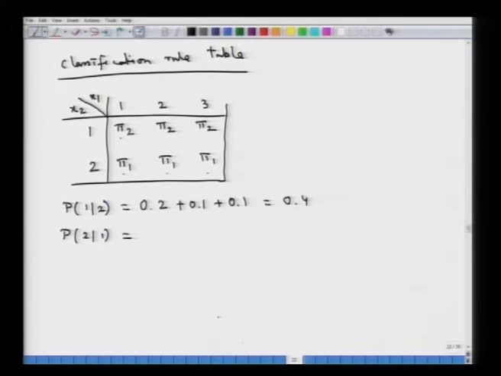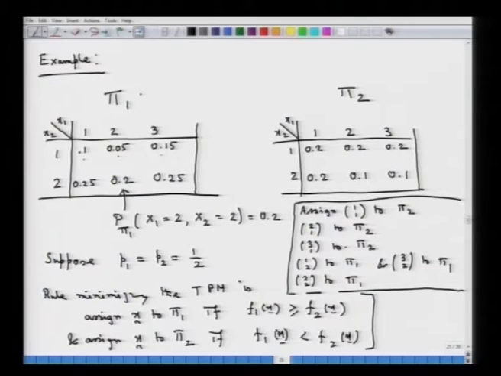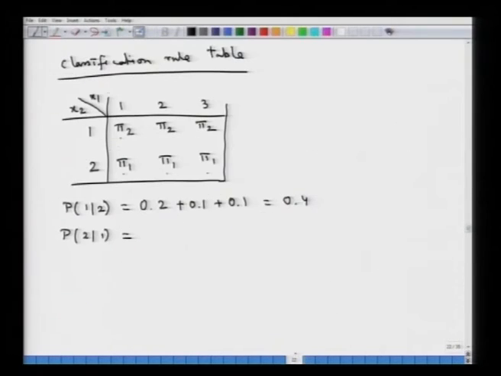So, the total probability of this event would be just the sum of these three quantities. So, what we now have is 0.1 plus 0.05 plus 0.15, so that this is equal to this.